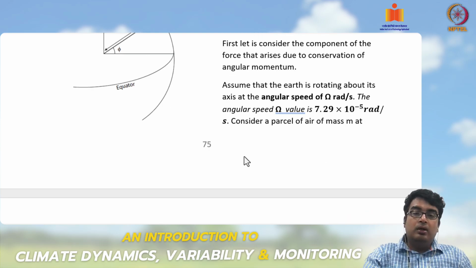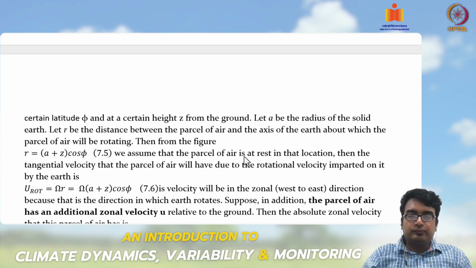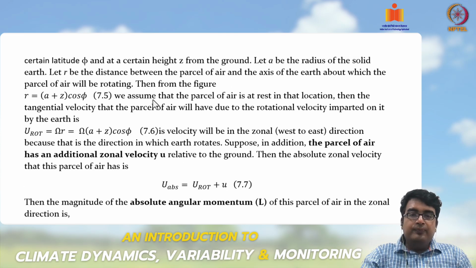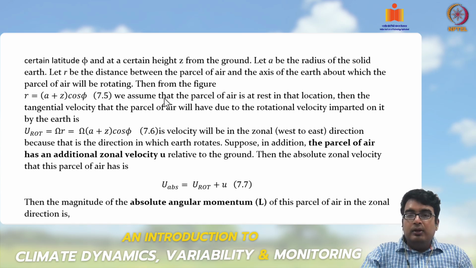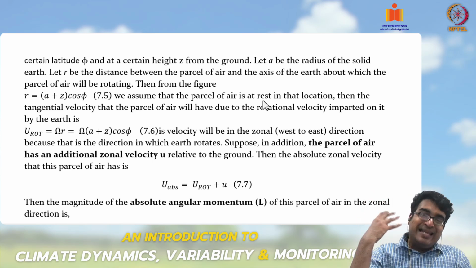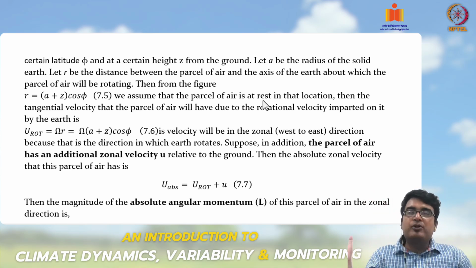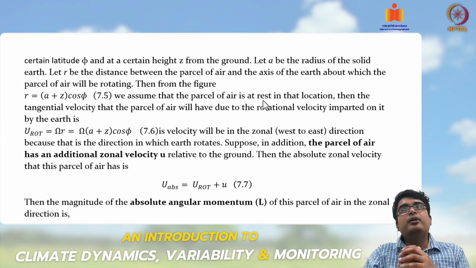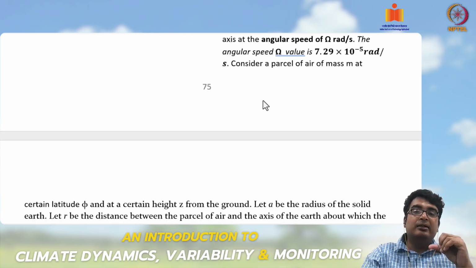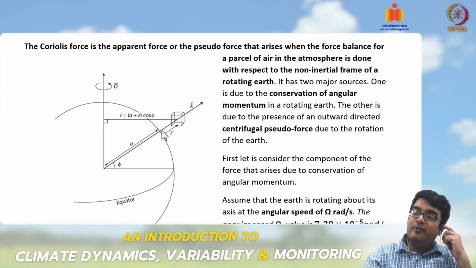Till now we have gone up to this point. We assume first that the parcel of air is at rest in that location. So the parcel of air is stationary with respect to the atmospheric column at that location. However, note here that the Earth itself is rotating at a certain velocity with respect to the axis of the Earth.